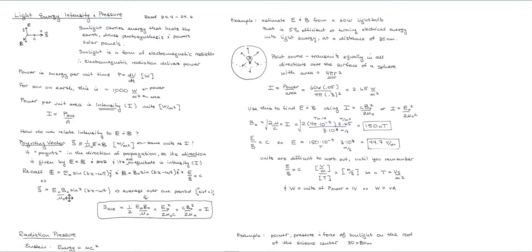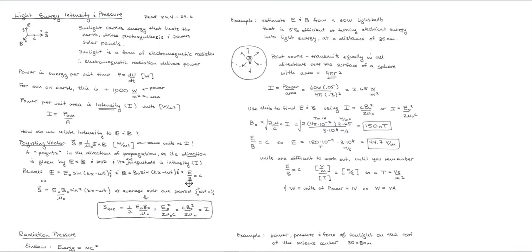And if I average a sine squared function over one period, remember we get 1/2. I think we showed that graphically a couple lectures ago, or you can do it using a trig substitution. So this expression simplifies to just 1/2 EB over mu naught when you look at the average value of the Poynting vector, which is equal to the intensity.